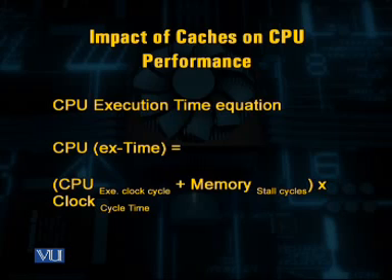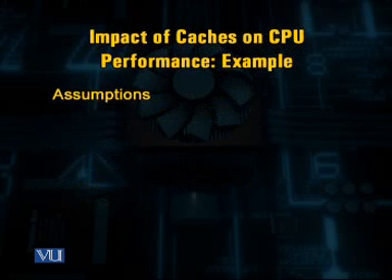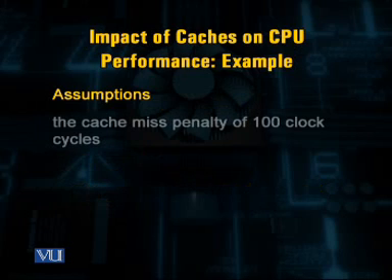Now, in order to see the impact of caches on the CPU performance, let us consider this example of an in-order execution computer program and see the impact of the caches on the CPU execution time. Here we assume that the cache miss penalty is 100 clock cycles.